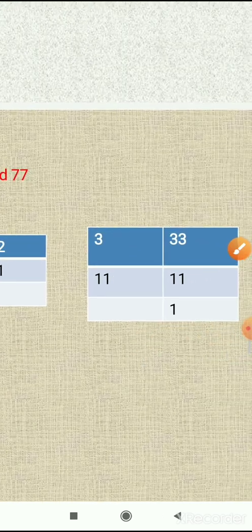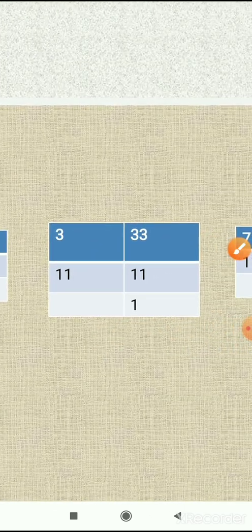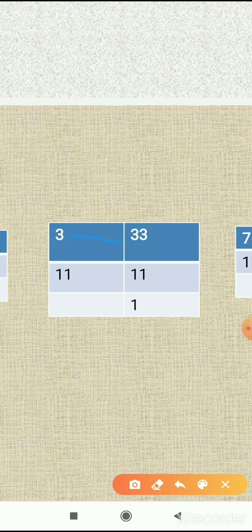Now next number is 33. 33 is divisible by 3. Okay, so by dividing 33 by 3, we get quotient 11. 11 is a prime number. It is divisible by itself. So by dividing 11 by 11, we get quotient 1. So prime factorization of 33 is 3 into 11.